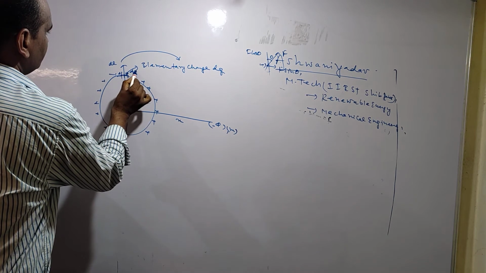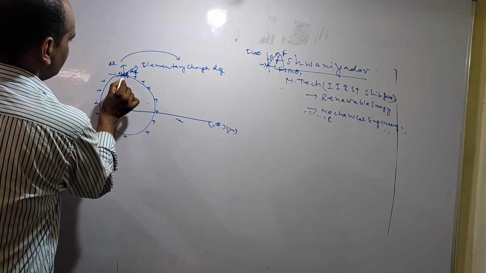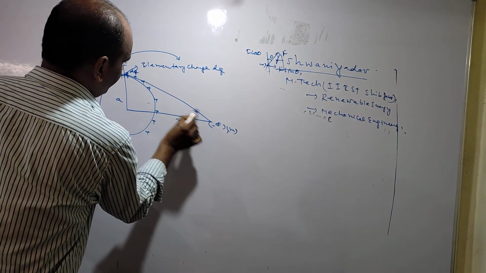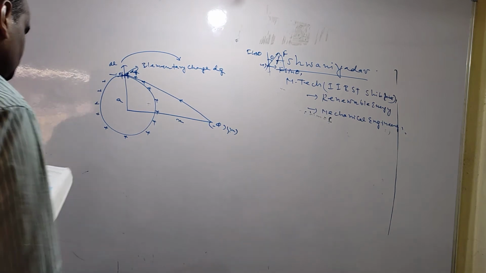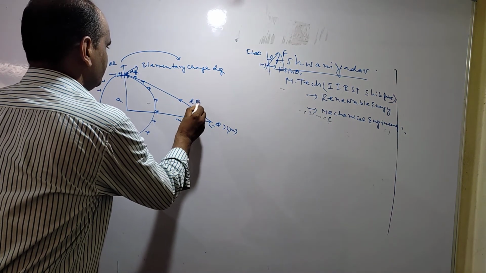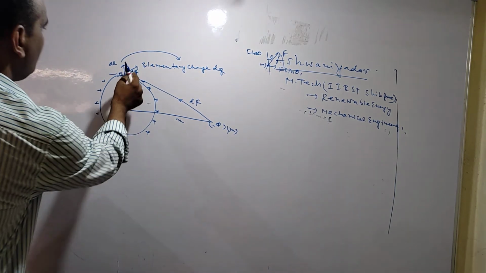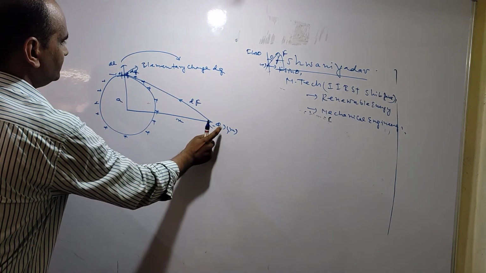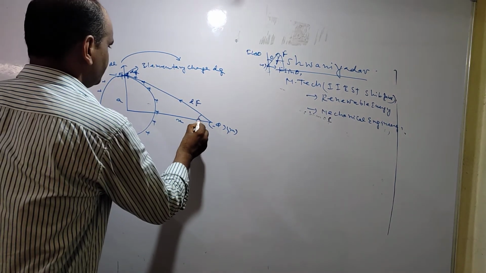Then this dq and the point charge q will apply an attractive force. Now this force is dF. You can apply Coulomb's law for a small charge dq and charge minus q, and this is the angle theta.